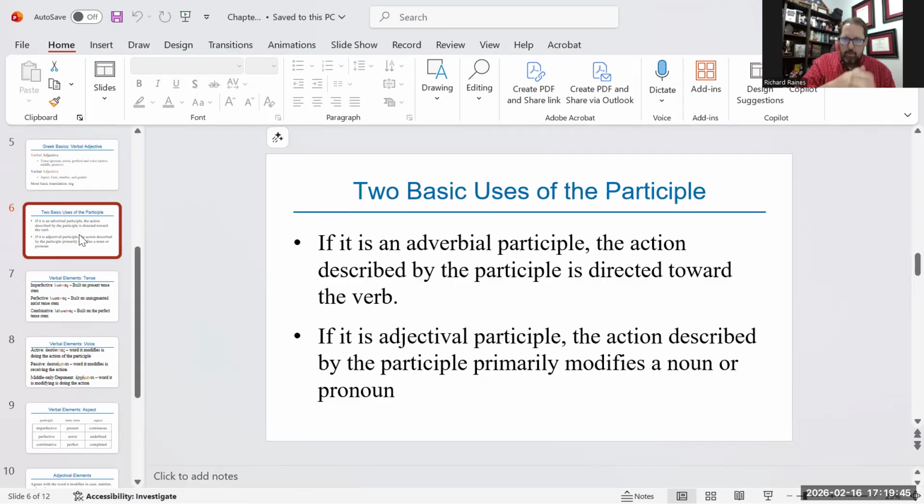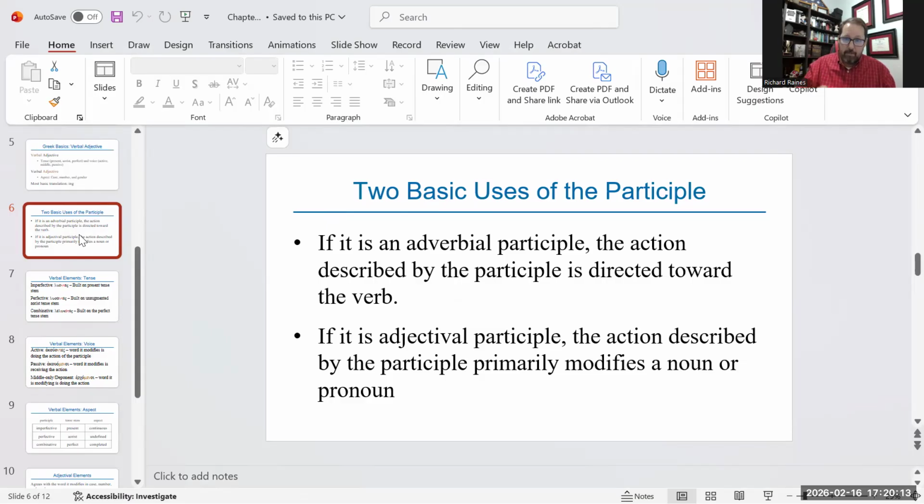So when you have an adverbial participle, and you'll be able to recognize all these, don't get too wrapped around the axle right now. Remember, we're moving at 30,000 feet here. So if the participle is being used as an adverbial participle, then when you're forming your sentence and your translation, you're going to know that the action of the participle is being directed towards the verb.